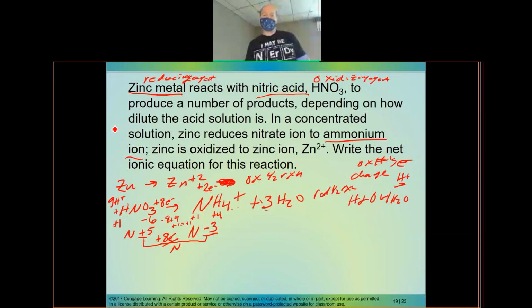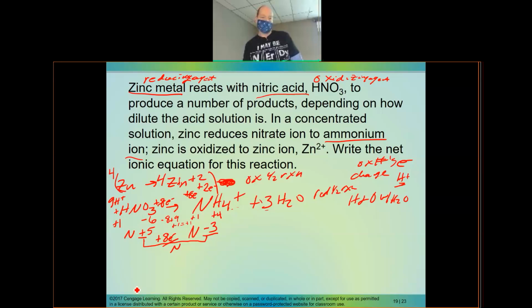Now, before you can add these up, you've got to make sure your electrons gained equal your electrons lost. And so you see we have to multiply the zinc half reaction through by 4. And so we'll have 4 Zn, we'll have 4 Zn plus 2s, and we will have 8 electrons. So now the 8 electrons here cancel with the 8 electrons there.